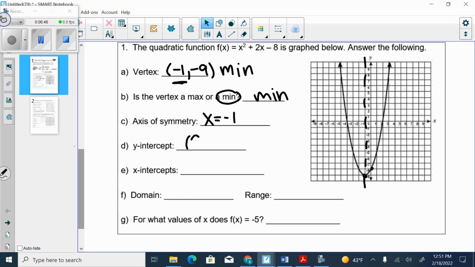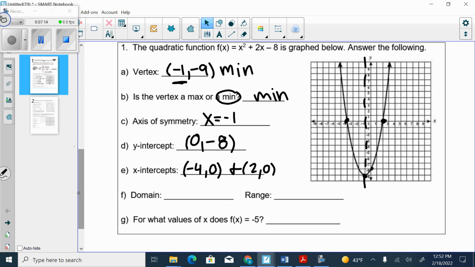So the y-intercept is at (0, -8). Okay, and then my x-intercepts, where are those at? So x-intercepts at the points -4, and we have another one at +2. Very good.